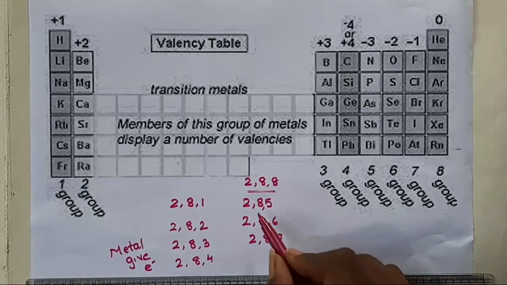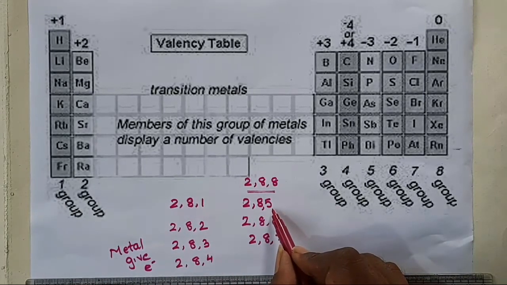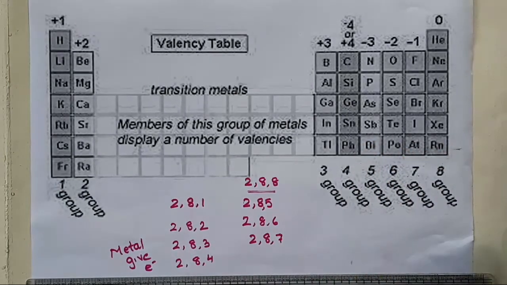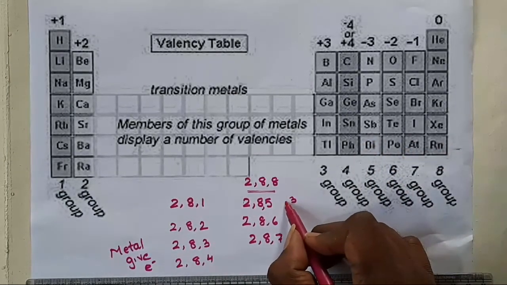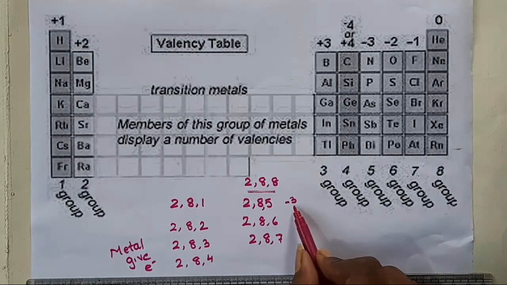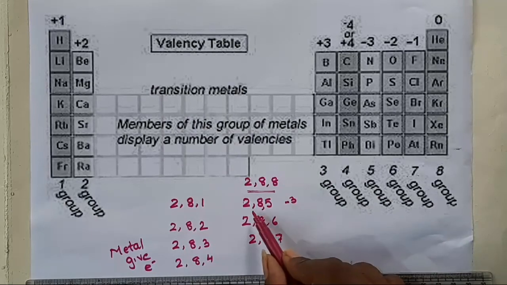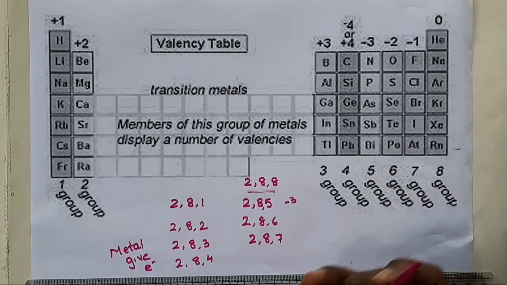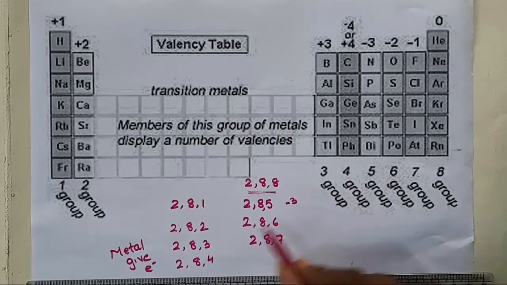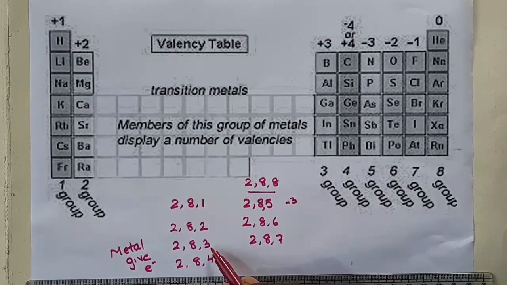Let's come here, 2, 8, 5. Now 2, 8, 5 means it will not give electrons, it will accept 3 electrons, that is, it becomes 2, 8 and 5 plus 3, 8. It becomes 2, 8, 8. That means it will accept electrons to complete its octet. So the valency here is 3.